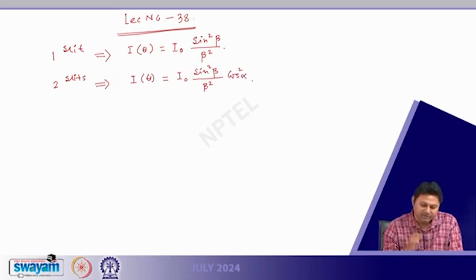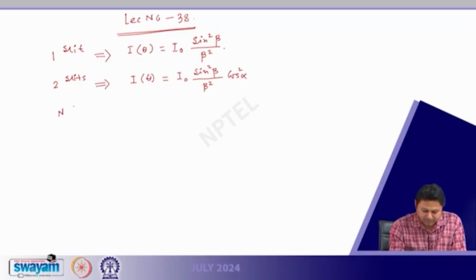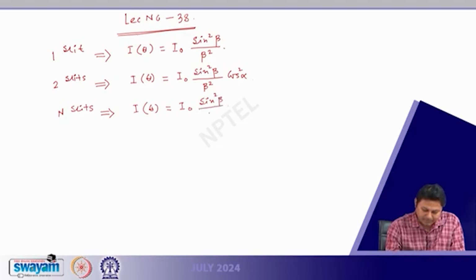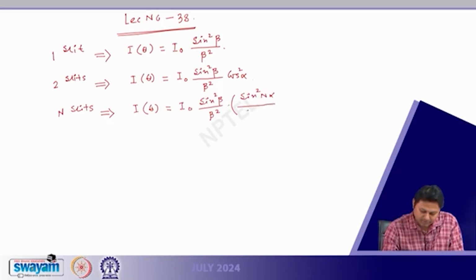That was for two slits, and for n number of slits, the intensity distribution that we derived is I as a function of theta equal to I naught sine square beta divided by beta square, then sine square n alpha divided by sine square alpha.